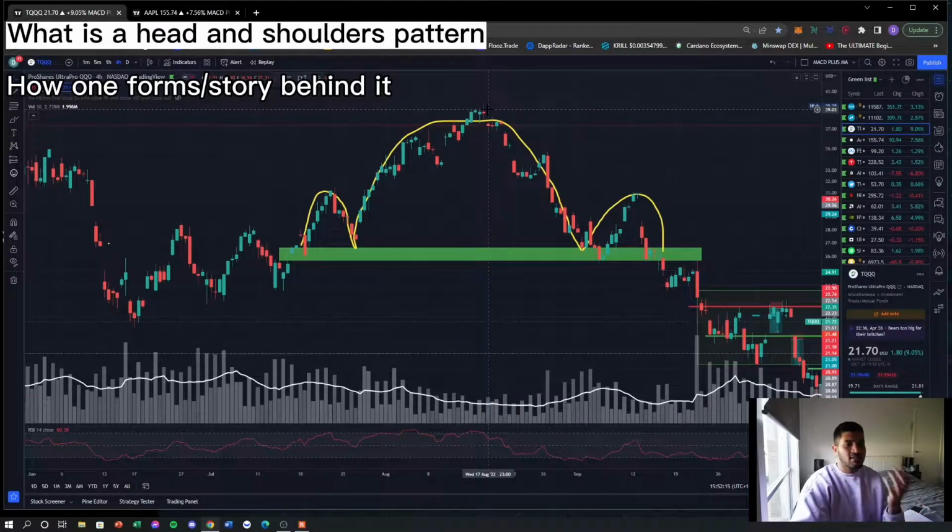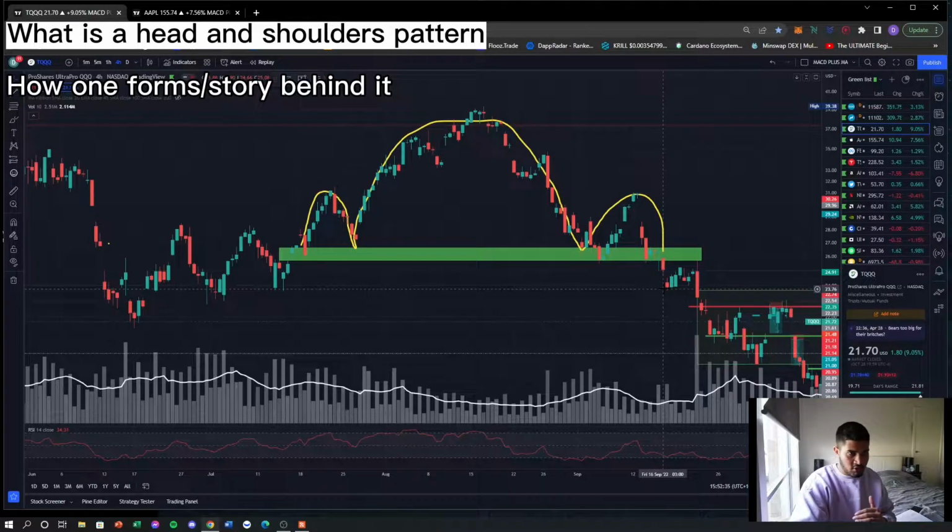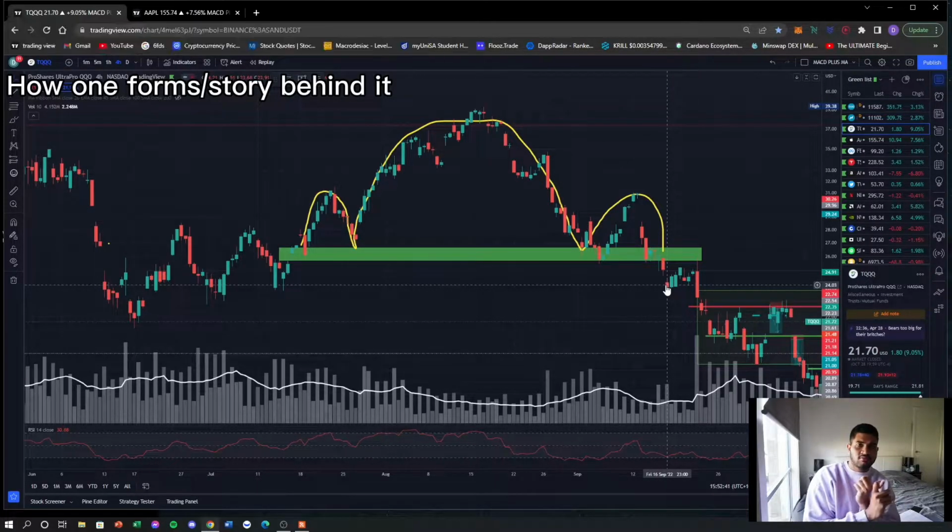But sellers once again took control and pushed it all the way down, and at that same level of support, buyers stepped in again and pushed the price higher, but it made a lower high, and then sellers took control again and pushed it down. So we can see here that the sellers had a bit more control this time because it broke that level of support.